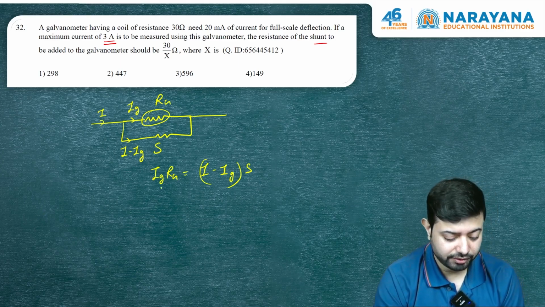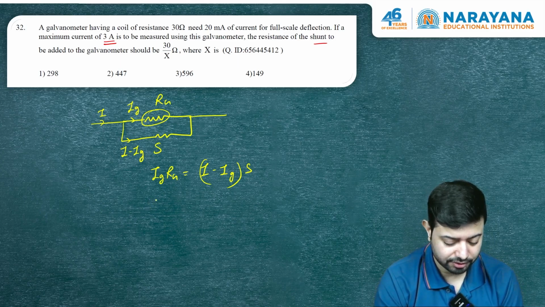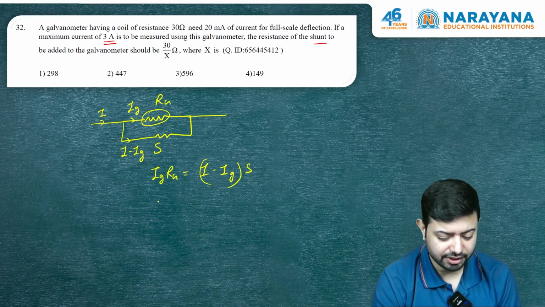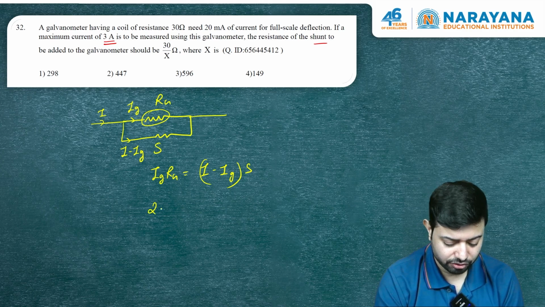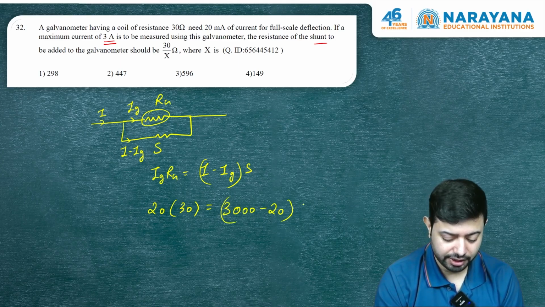Now, what is the value of Ig given? 20 milliampere. So, you want to keep everything in milliampere, no issue in that. Okay. So, 20 milliampere, Rg 30 ohm, maximum I that needs to be measured is 3 ampere. So, 3000 minus 20 milliampere for Ig, and S has been asked.